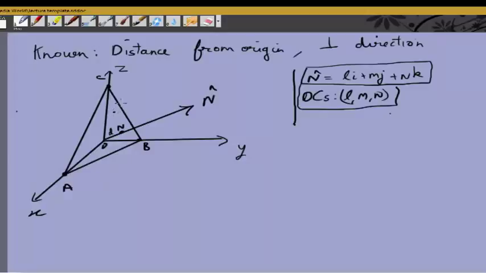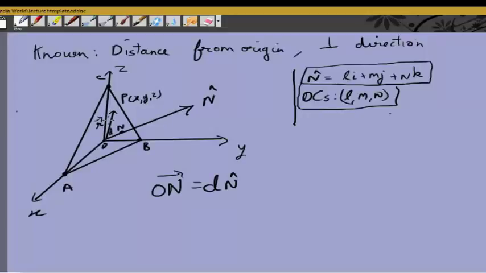So let's take any random point P whose coordinates are x, y, z, and let's denote the position vector OP by r, and let's denote this ON vector by, we can actually write ON vector clearly, that will be d times n cap, because the distance ON is d and the direction is perpendicular to the plane, and this is just r cap.